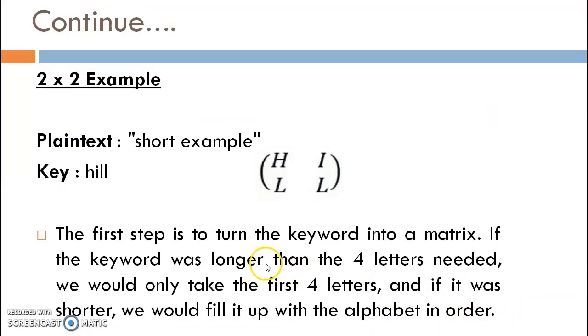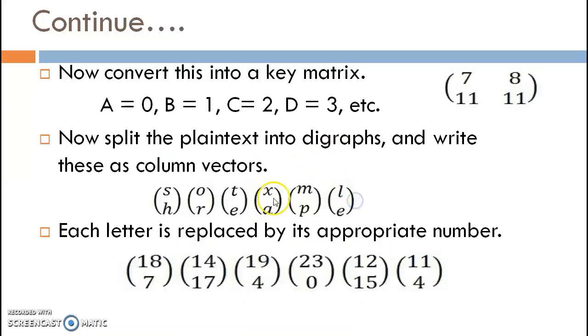Say here the example is a 2x2 matrix example. Here the plain text is SHORT EXAMPLE and the key is HILL. So we convert the key to the key matrix this way: HILL is converted to 7, 8, 11, 11 as per our rules, where A equals 0, B equals 1 and so on.